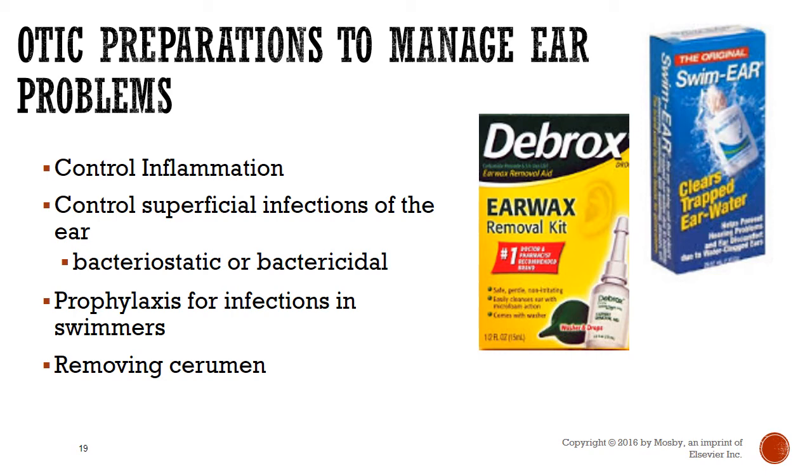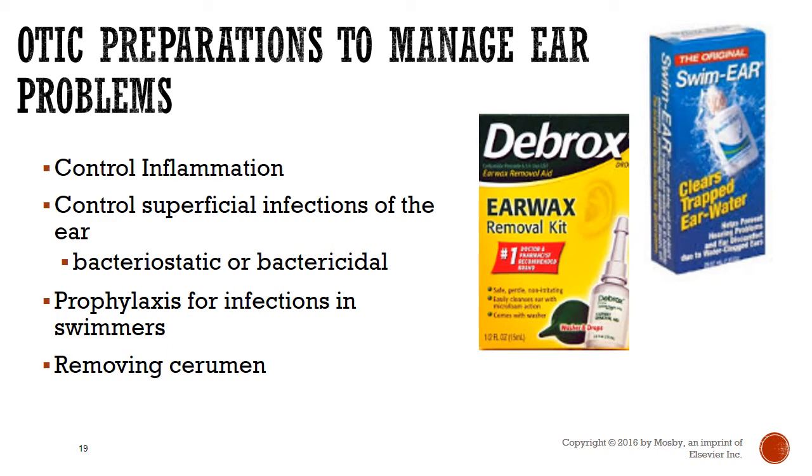So remember, bacteriostatic is a drug that prevents the growth of bacteria. If something isn't growing or getting larger, it's static, right? It's not being killed off, but it's not getting bigger or worse. So bacteriostatic. Bactericidal means it kills bacteria. So remember, homicidal, killer. Bactericidal is a killer, okay?